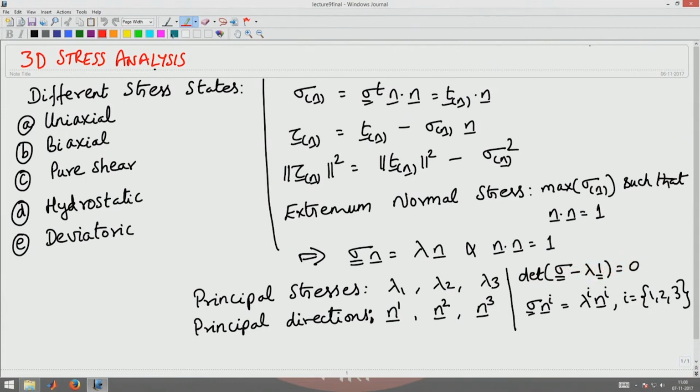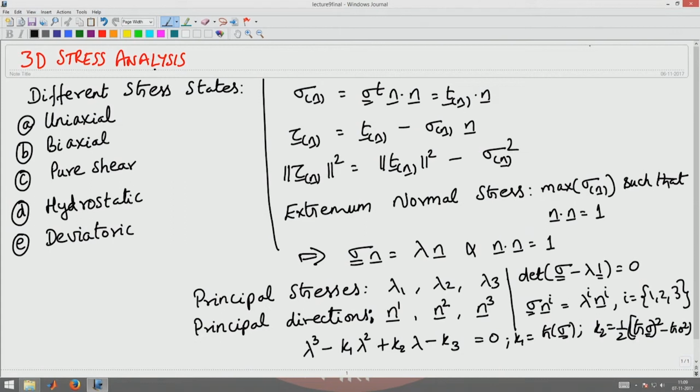This will result in what is called a characteristic equation, which is given by a cubic polynomial of the form minus lambda cubed plus k1 lambda squared minus k2 lambda plus k3 equal to 0, where k1 is the trace of sigma, k2 is one half of the trace of sigma squared minus the trace of sigma square, and k3 is the determinant of sigma.